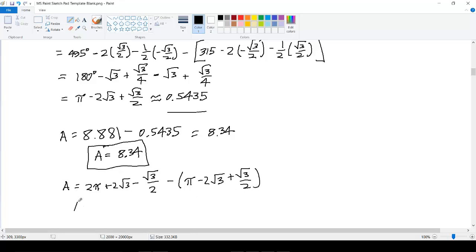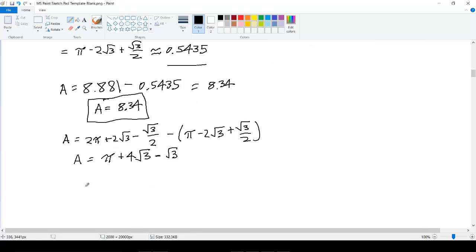Some stuff will cancel out, you know. 2 pi minus pi is just pi. 2 root 3 plus, so negative, negative, that's plus. That's going to be 4 root 3. And then minus, minus. So this would be minus. There's 2 of those, so it would be root 3. So the final exact answer, if you need that, is pi plus 3 root 3.